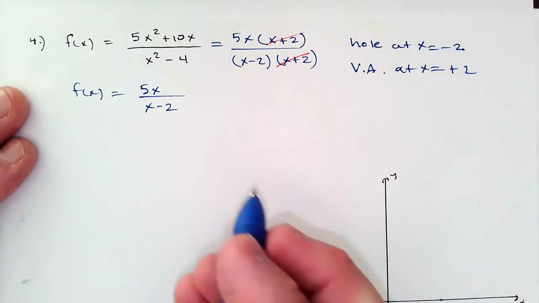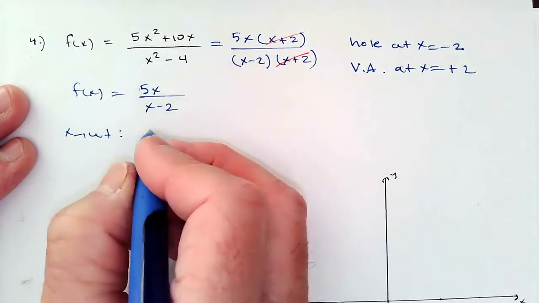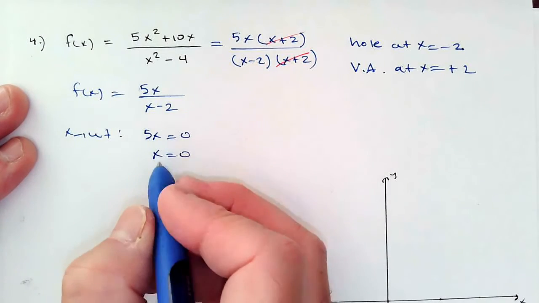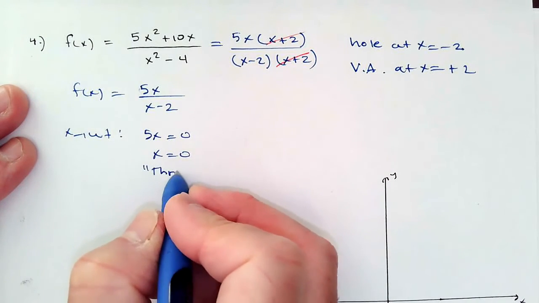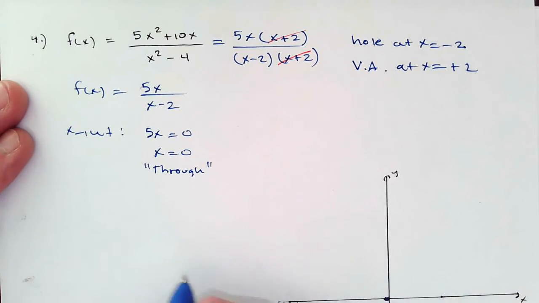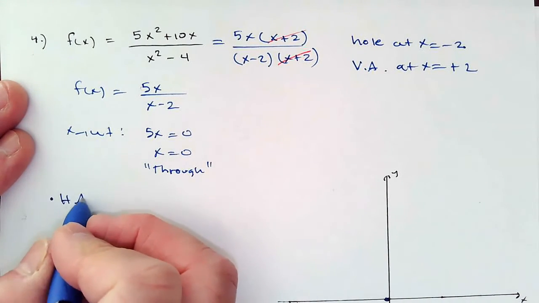So your x-intercept, and we know that comes from setting the top equal to 0, that's going to be 0. It comes from an odd power, so that's going to be a through. We already got our vertical asymptote, now our horizontal asymptote.